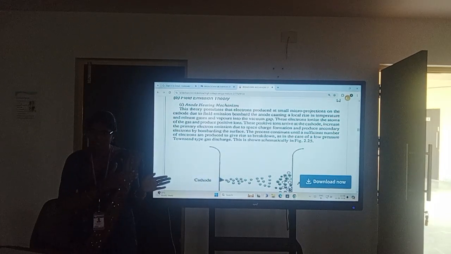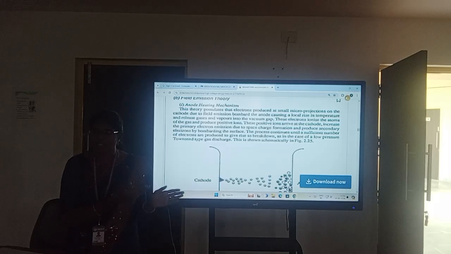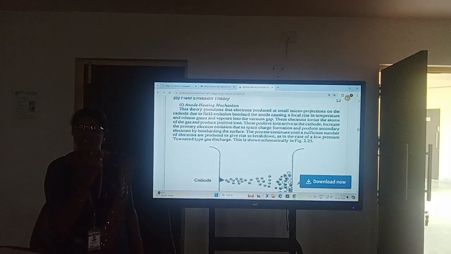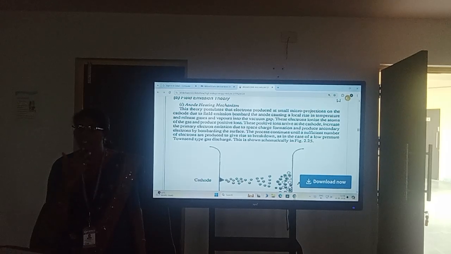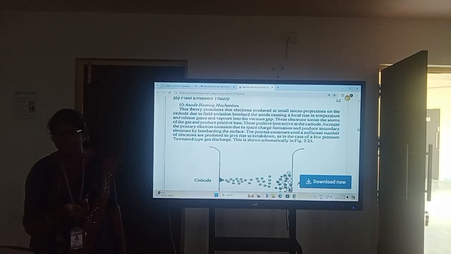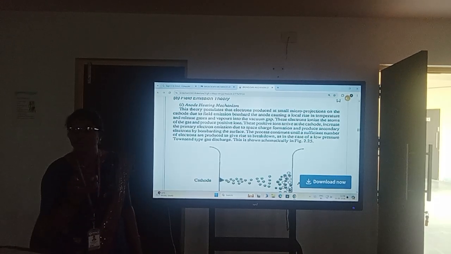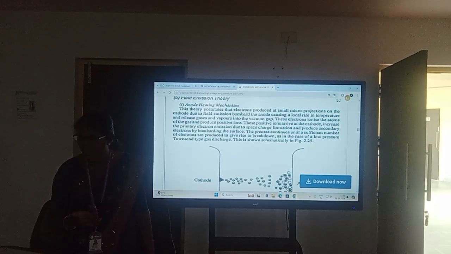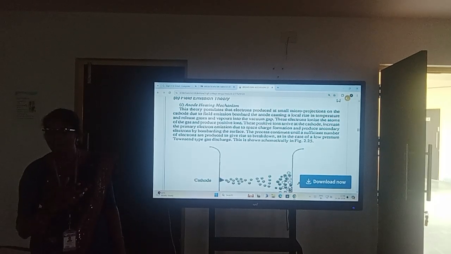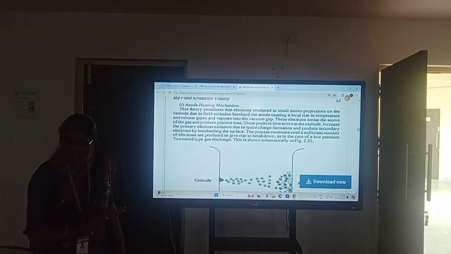Due to the field emission theory, the anode rises in temperature, so a gas or vapor is produced in the vacuum gap. Whenever gas is produced, ionization occurs, positive ions are produced, and the electrons are multiplied from the cathode to the anode.